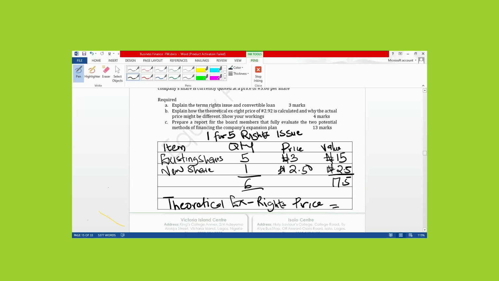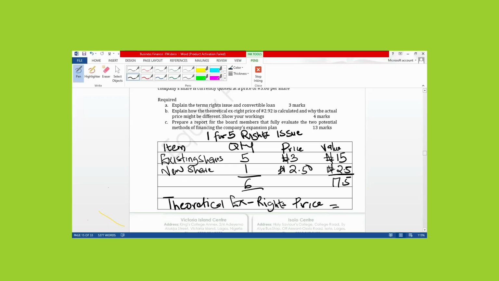Examiner wants you to do a report now. You are going to do a report for the board members, evaluating what is rights issue, what is convertible loan.